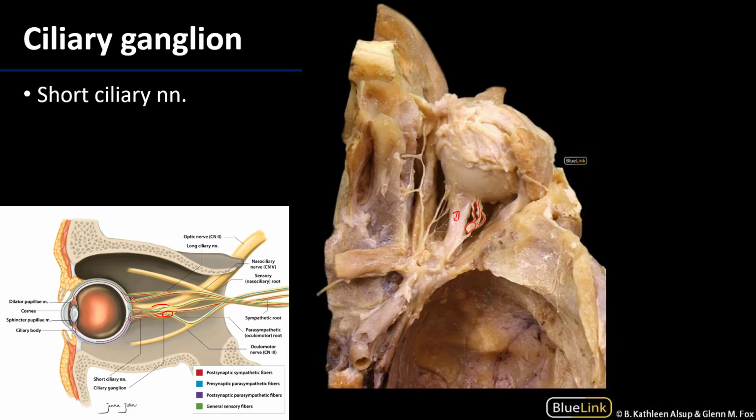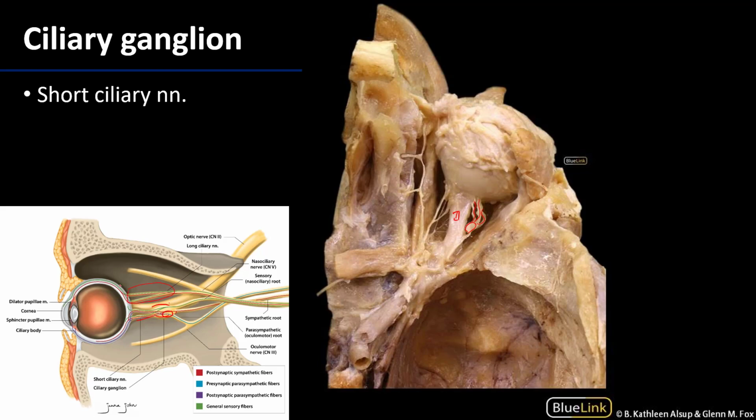It's also transmitting, although there's no synapse, some postganglionic sympathetic fibers that are coming from the internal carotid plexus and the sympathetic roots. So there are a lot of fibers that are heading through this ganglion and being transmitted through these short ciliary nerves. There are some fibers that are directly innervating the eye, courtesy of these long ciliary nerves.